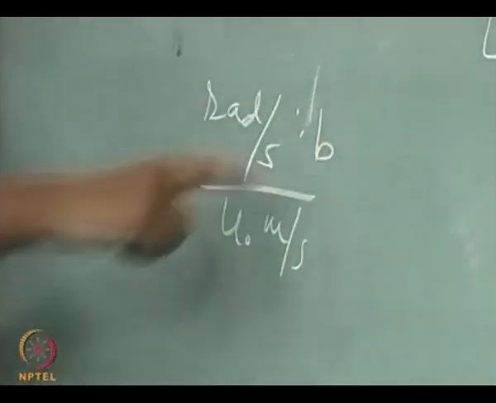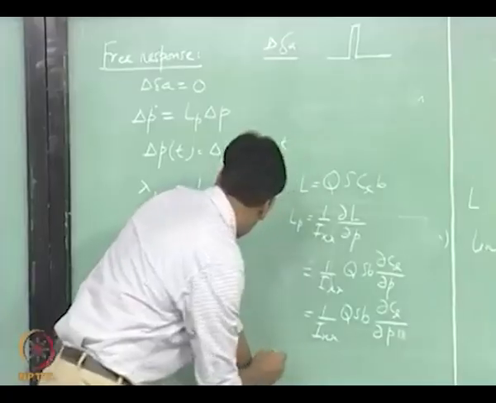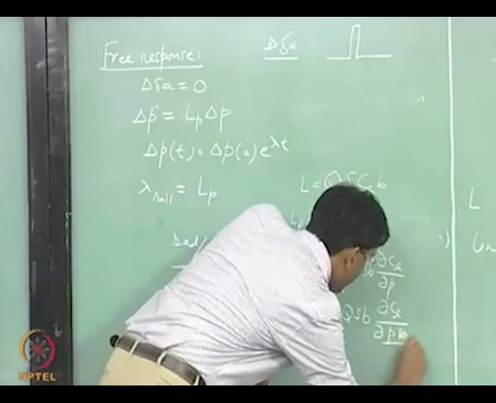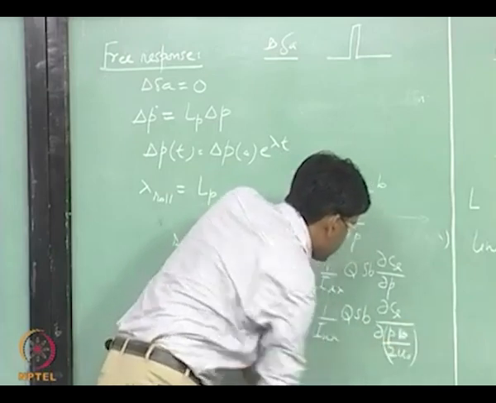So you can multiply this by the wing span, right. That is how you will get non-dimensional coefficients. So here it's non-dimensionalized like this.